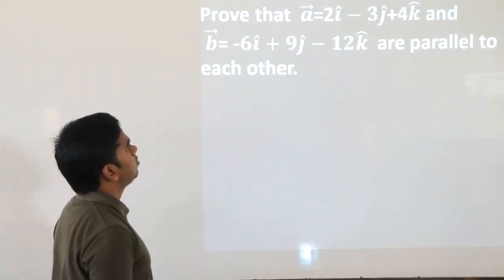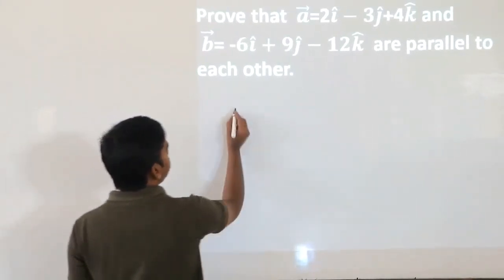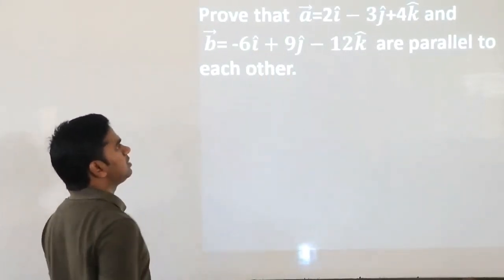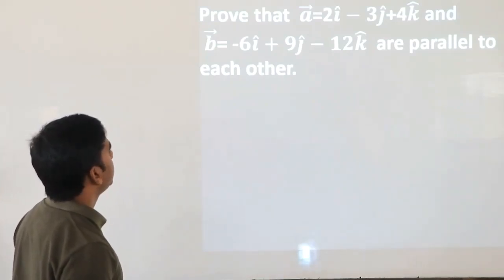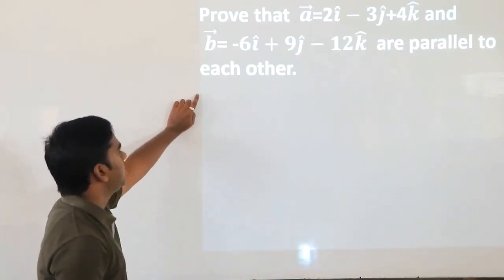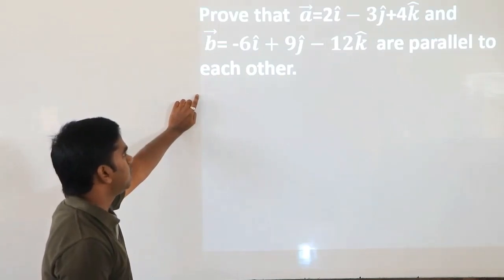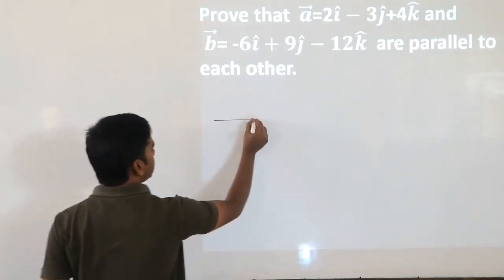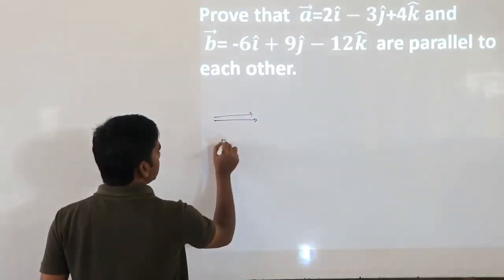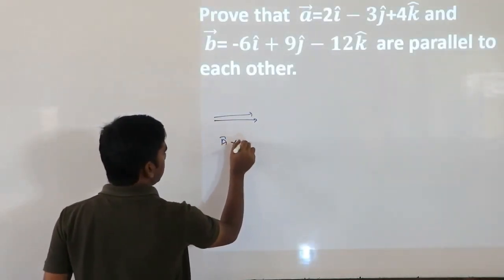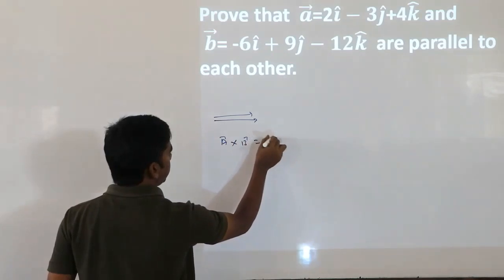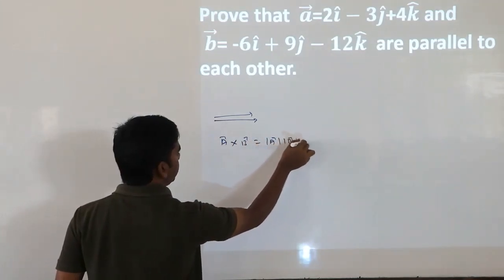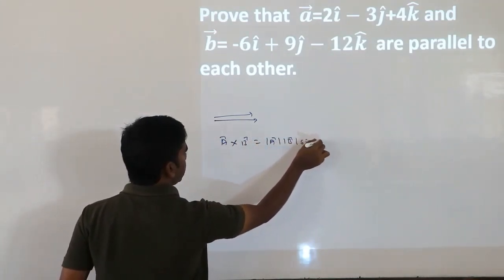So next question: prove that vector A, 2 i cap minus 3 j cap plus 4 k cap, and vector B, minus 6 i cap plus 9 j cap minus 12 k cap, are parallel to each other. If you want to show that two vectors are parallel, vector A cross vector B equals magnitude of A, magnitude of B, sine theta.